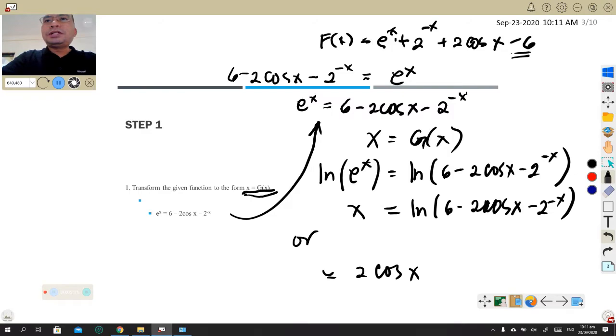The negative 6 becomes positive, the negative 2 raised to negative x stays as negative 2 raised to negative x, and then we have minus e raised to x.